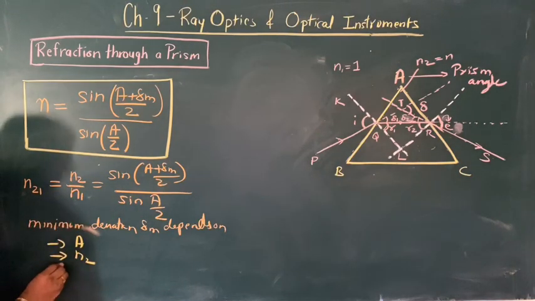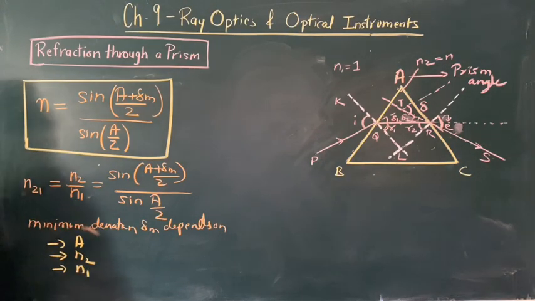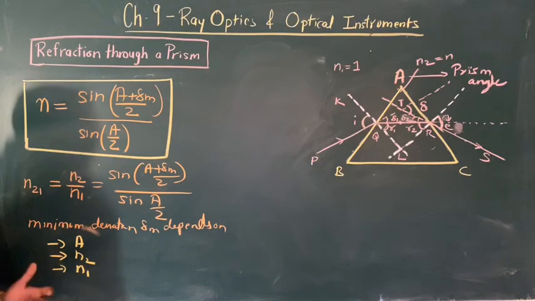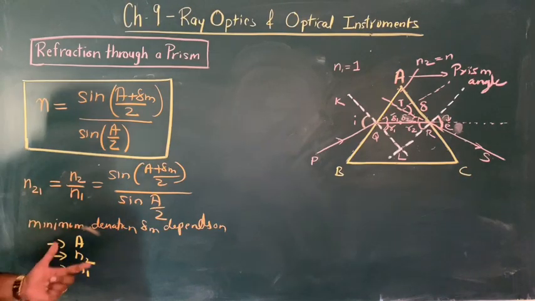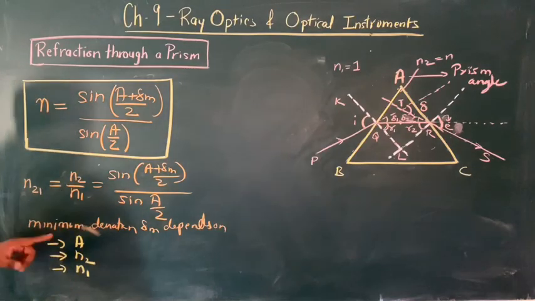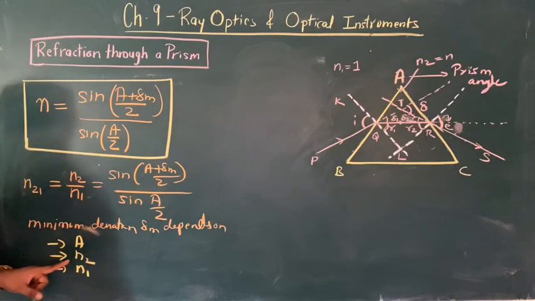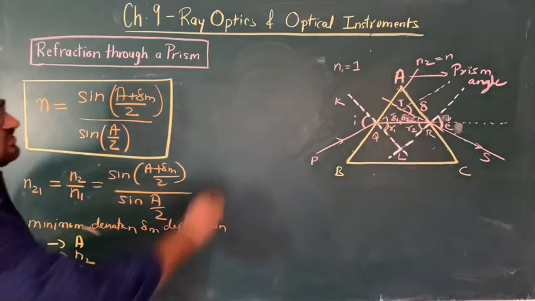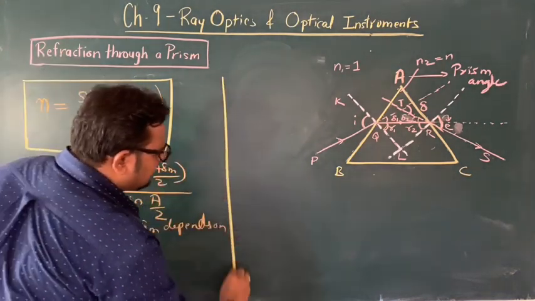Third, n1, that is refractive index of the surrounding. So remember these 3 points. The minimum deviation delta m depends on angle of prism, refractive index of the prism, and refractive index of the surrounding medium. Clear?